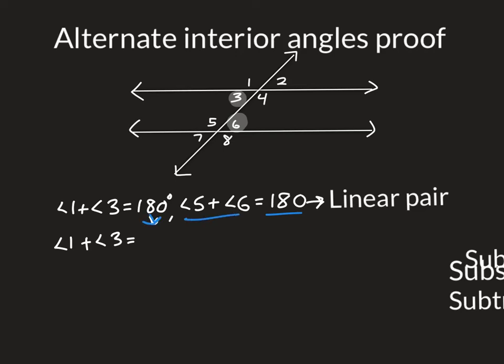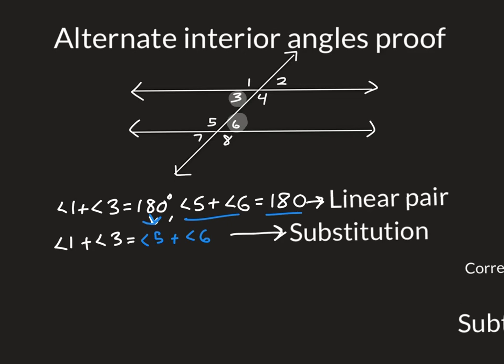So instead of 180, I'm going to replace it with something equivalent to it: angle 5 plus angle 6. What did I do? I replaced it with something equivalent, so I substituted it. My reason could be substitution right here.